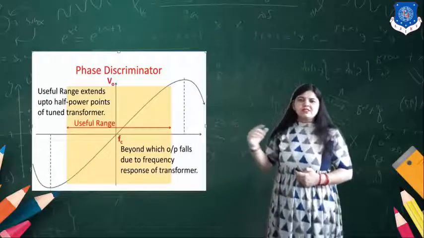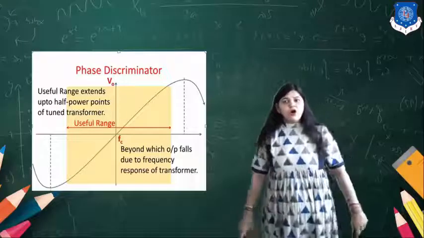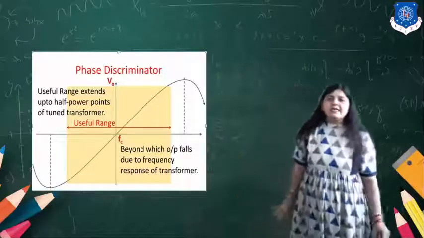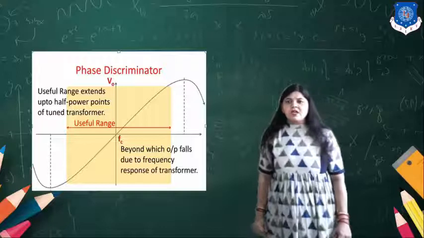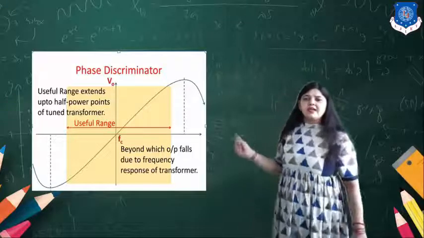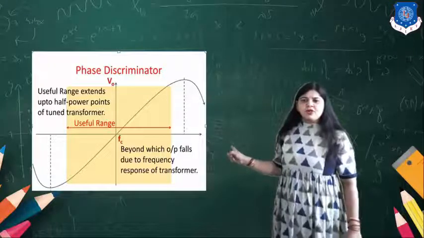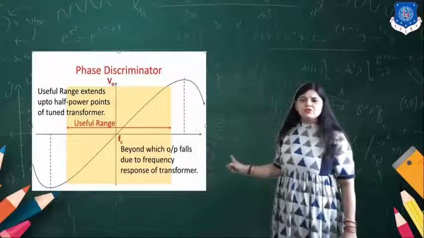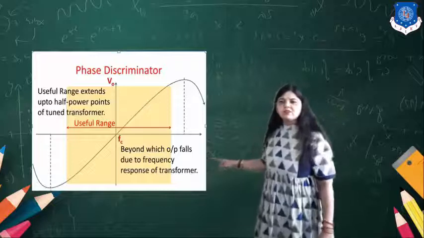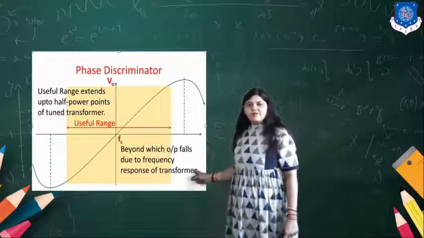Now this is the transfer curve for the Foster Seeley discriminator. You can see that in the first case, Fin is equal to Fc, beyond which the output falls due to the frequency response of the transformer.